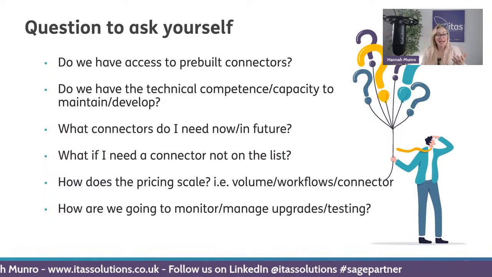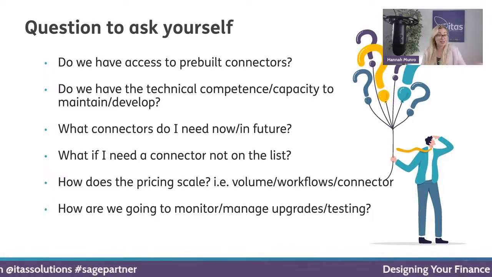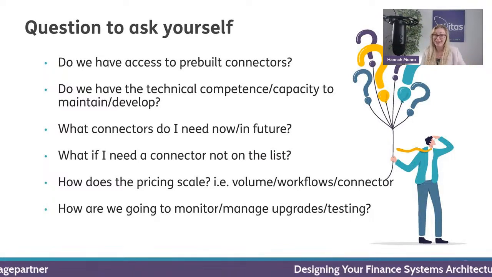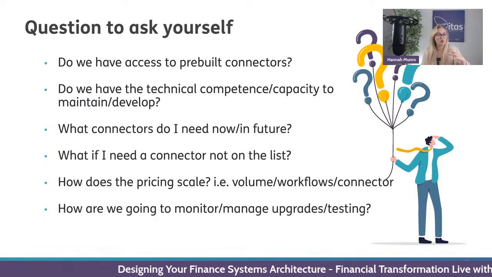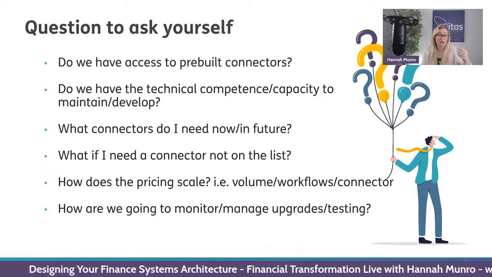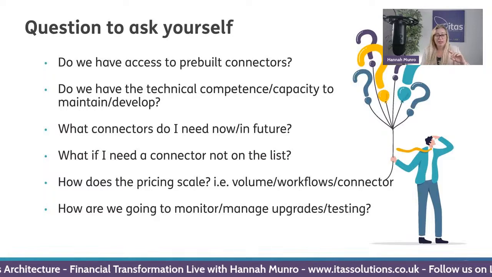So a connector is the end point. I would have a Salesforce connector, a Sage 200 or a Sage Intacct connector, or a Sage 50 connector. It's basically the connection to the finance system or the platform that I'm using. It may not be a finance related one. So great question. Thank you.